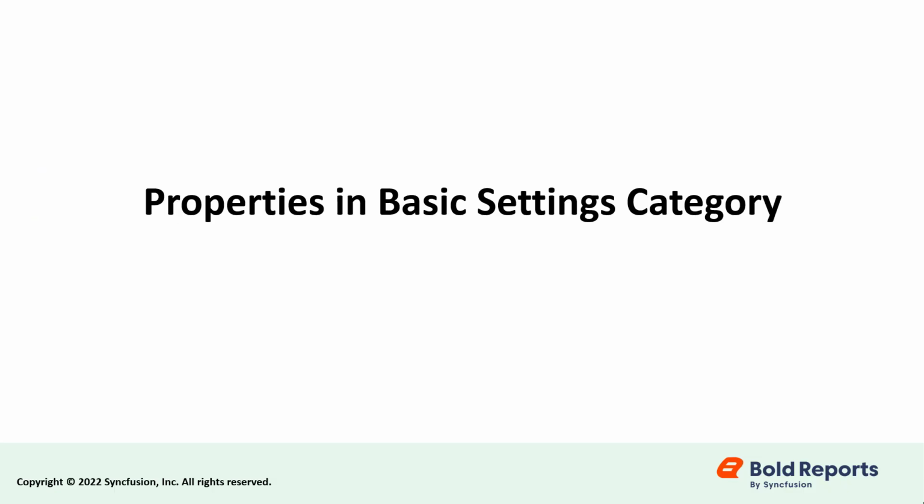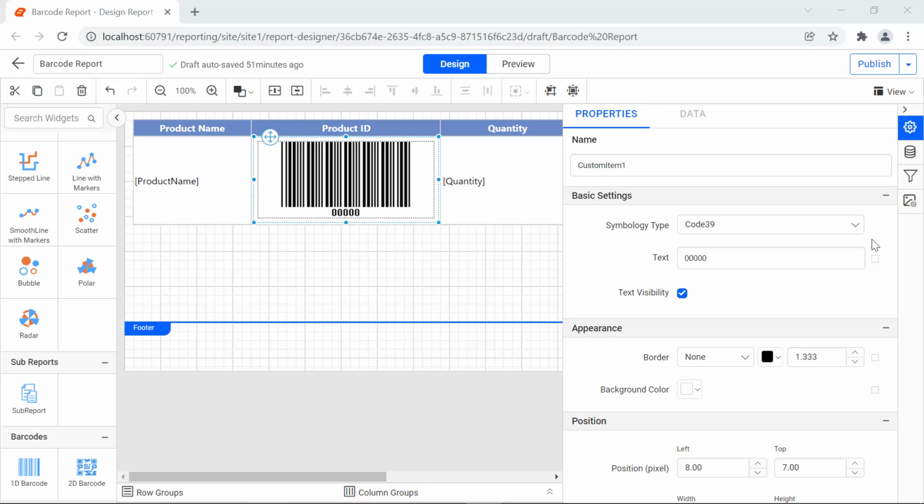Now let's see the properties of the barcode, under the Basic Settings properties. The symbolic type property will display the type of barcode to be displayed. By default, Code 39 barcode is selected. The text property allows you to assign value for the barcode report item.